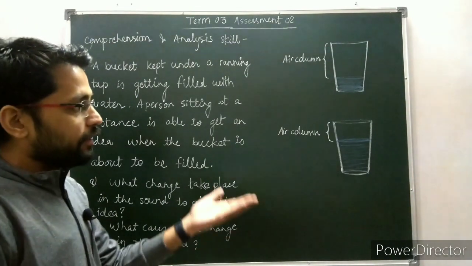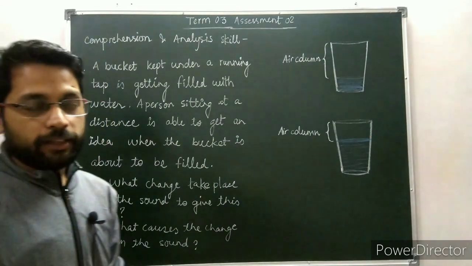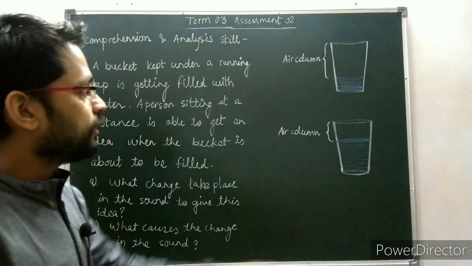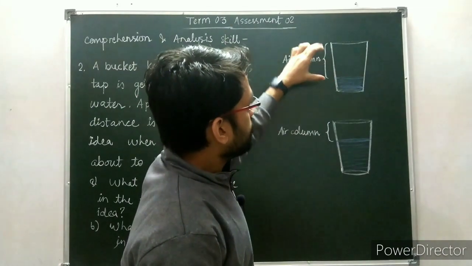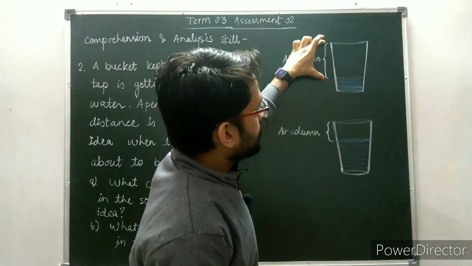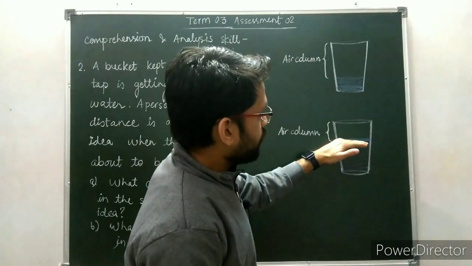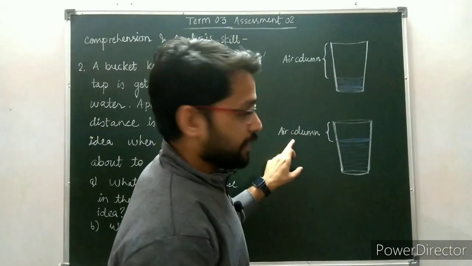As the water level increases in the bucket, the length of the air column inside the bucket decreases. Here in the diagram, when the water level is here, the length of the air column is this much. Okay, and as the water level increases, the length of the air column decreases.